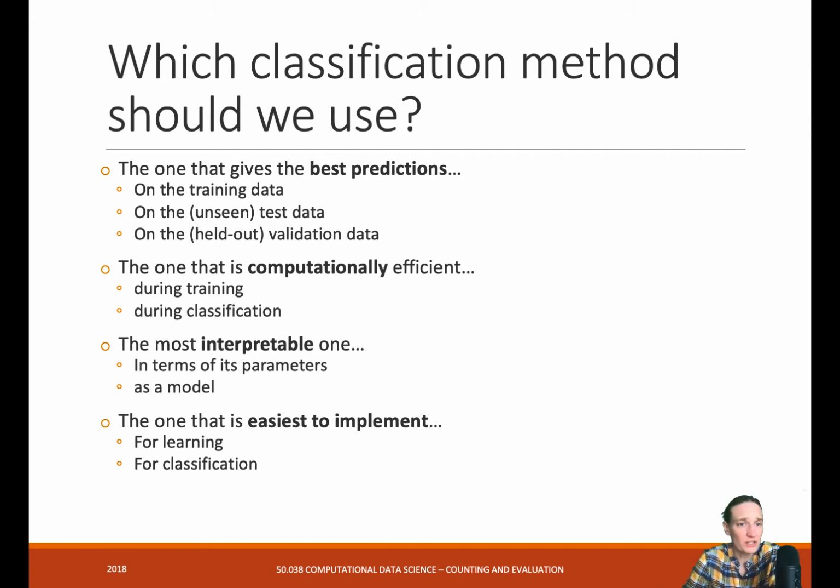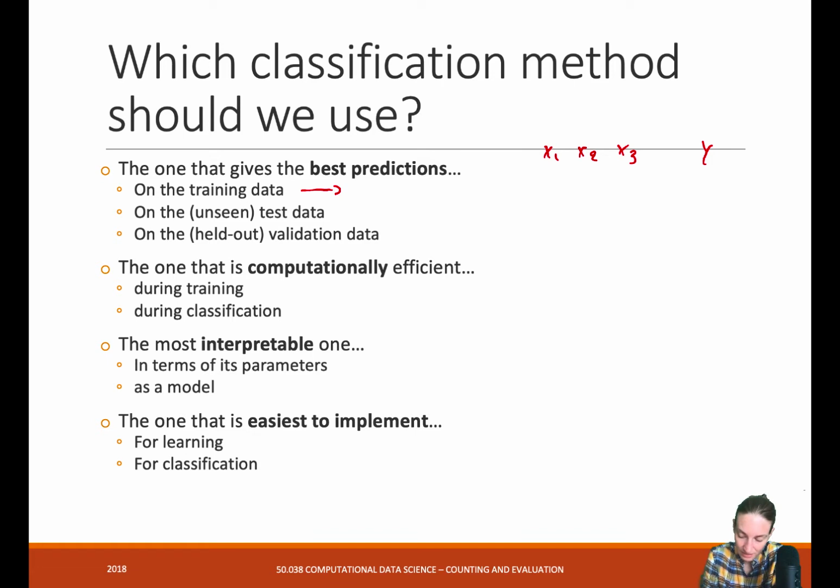So which classification methods should we use? You might think we just need the one that gives the best predictions. Okay. Does that mean it gives the best predictions on the training data? Because then we would probably be overfitting. If you think about it, let's say I have 3 input variables, x1, x2, x3, and I need to predict y.